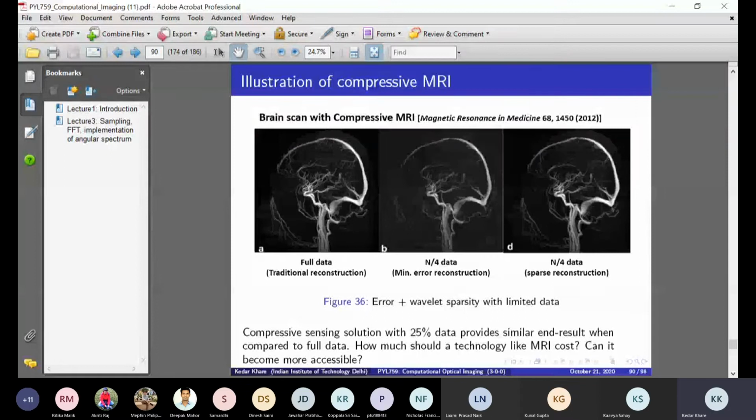But the point is that many times when we use applications or devices where we have to acquire an image, most likely the images do have redundancy or fewer degrees of freedom. And so this kind of framework suggests a complete rethink on how we measure anything.